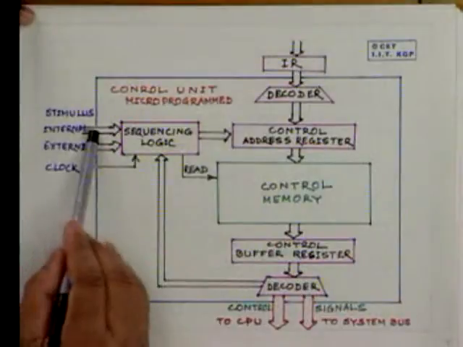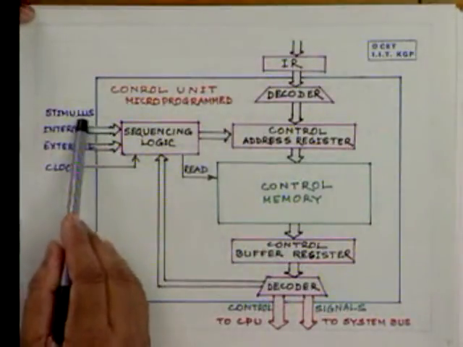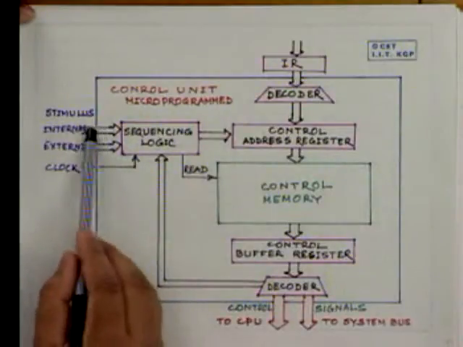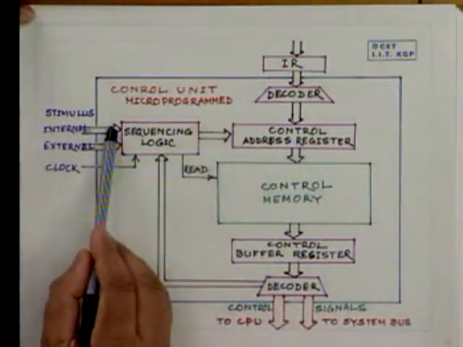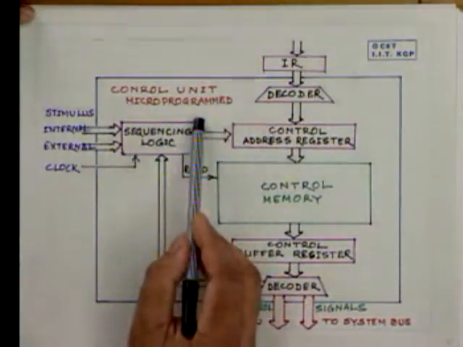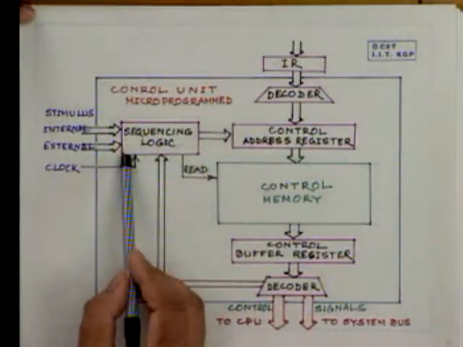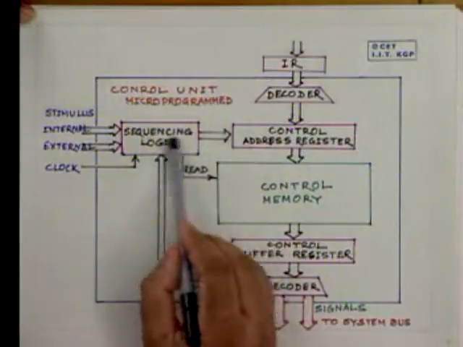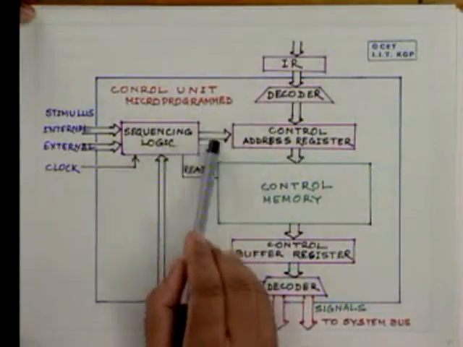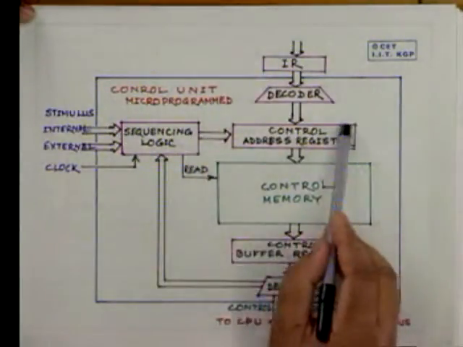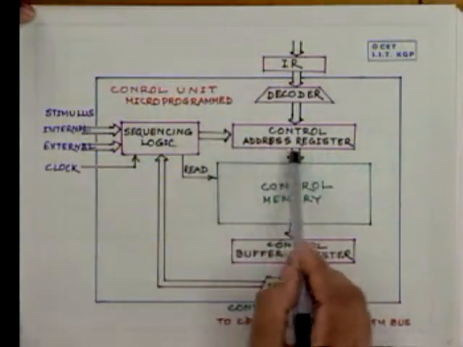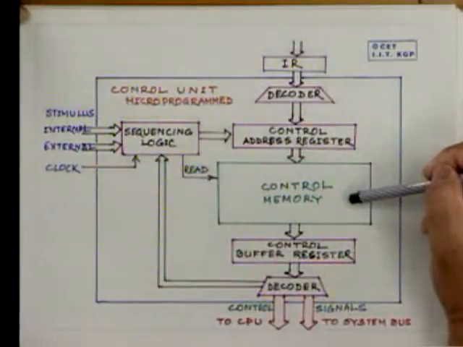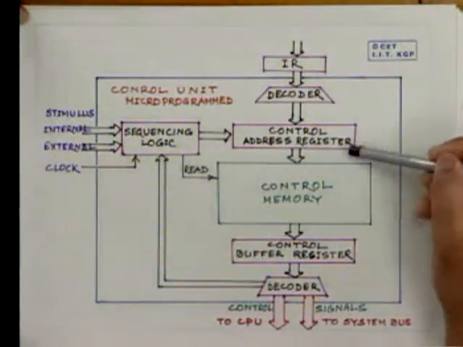Now, the internal signals like condition codes, such as overflow, carry, sign, etc., should be inputted also, and that should influence the flow of control within the microprogram, and that sequencing logic will decide what should be the content of the control address register, from where the next microinstruction is to be fetched. Okay.